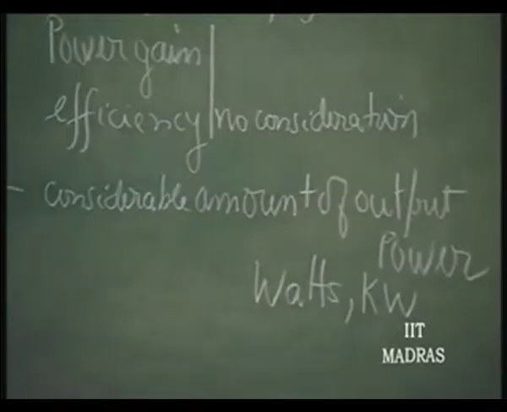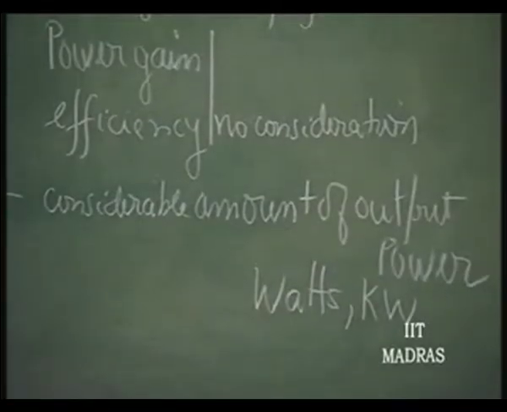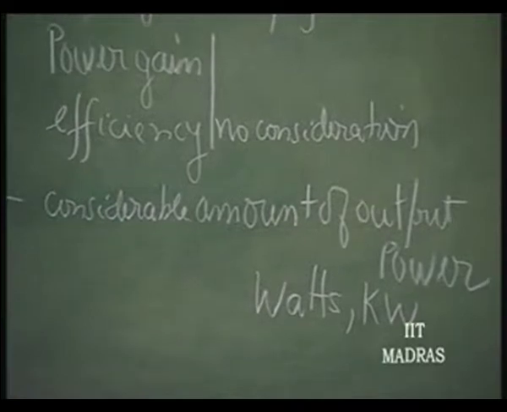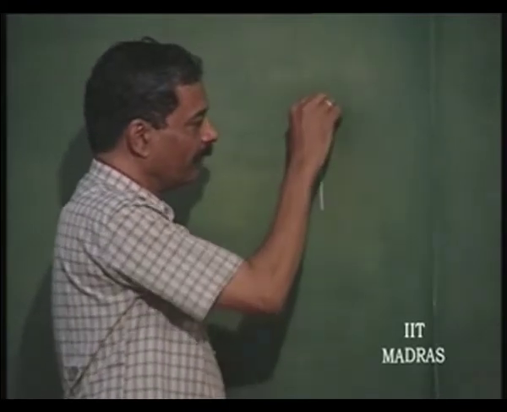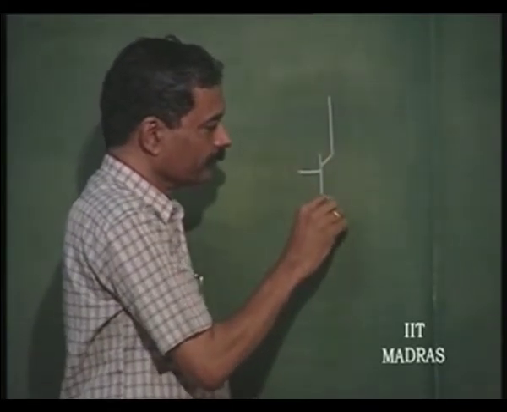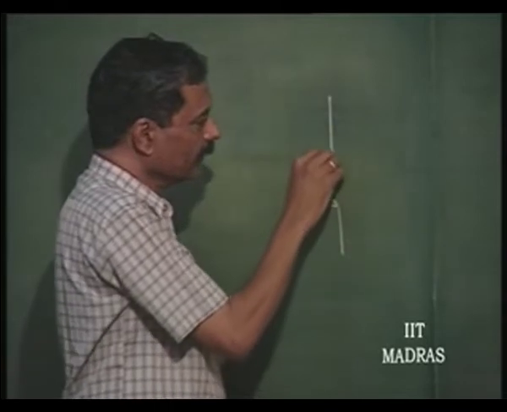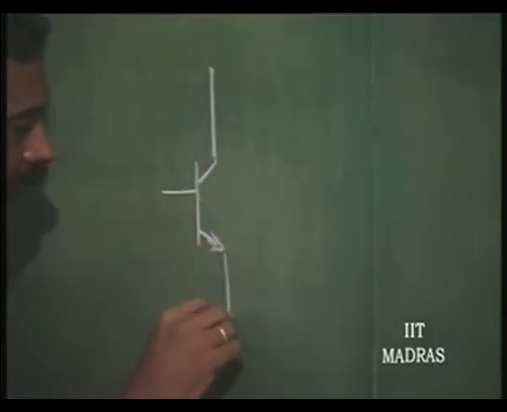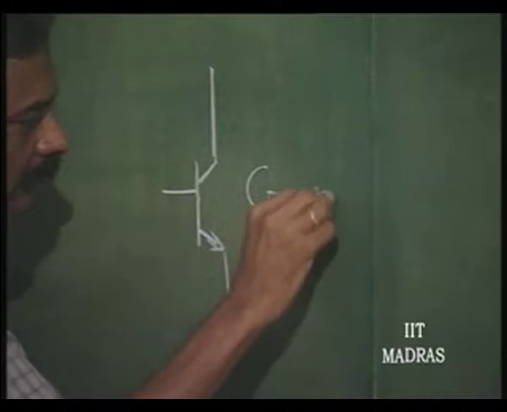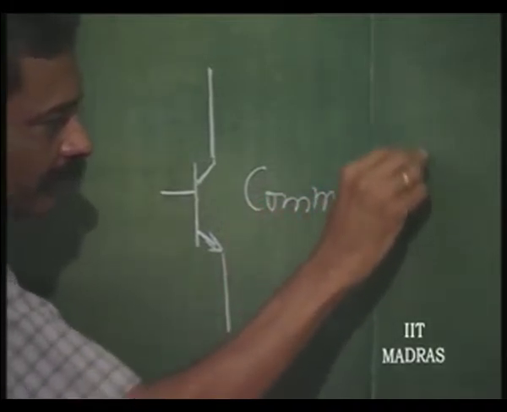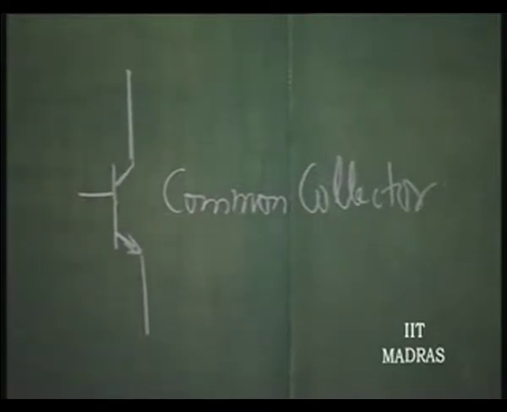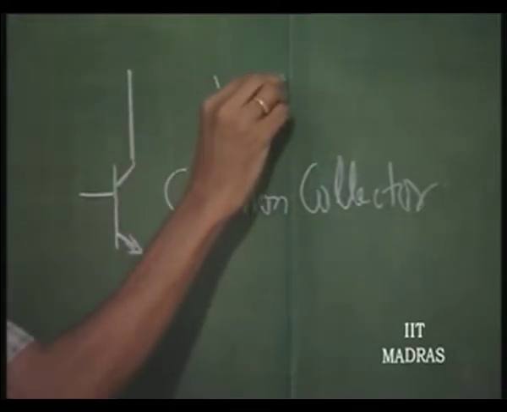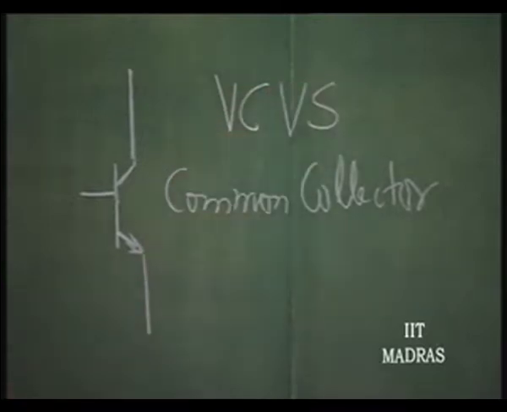So, what are these amplifiers that we have already discussed? Let us consider a power amplifier, its characteristics. Let us consider a common collector stage, because this is basically a good voltage controlled voltage source, and can also act as a buffer stage.